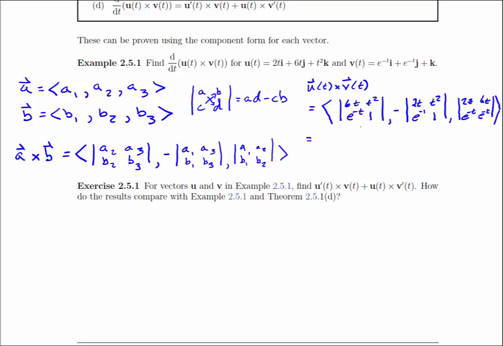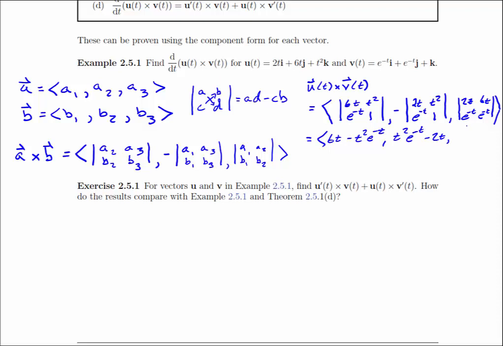Now we take the determinant of each of these. Here I get 6t times 1 minus e to the negative t times t squared. So 6t minus t squared e to the negative t. Here I'm going to put the negative on last: 2t minus, these two multiplied together, but the negative will switch them, so this will be t squared e to the negative t minus 2t.